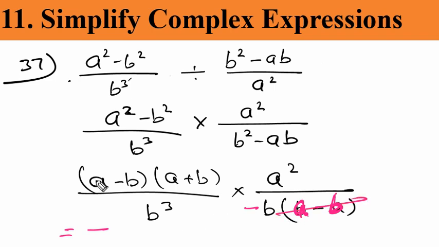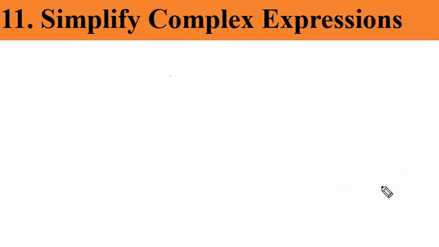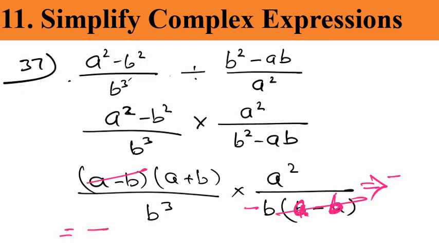Now a minus b will be cancelled out. There is b power 3, b power 4, it's a power 2. Can we cancel anything? I don't think so. So let me rewrite here because I don't have space.